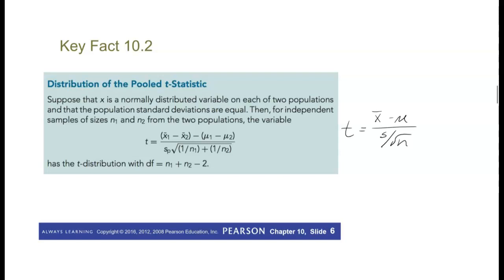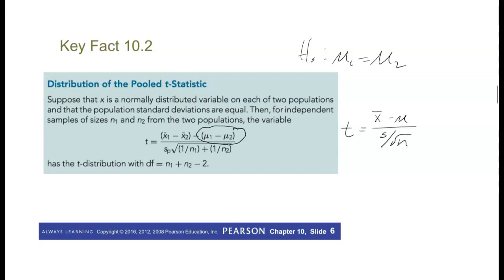Because we are finding differences, there is no 1 x bar anymore. It's sample 1 minus sample 2. In the same essence, there is no single mean anymore. There is a population mean from population 1 and a population mean from population 2. Now, remember what I said about the null hypothesis, mu1 equaling mu2.